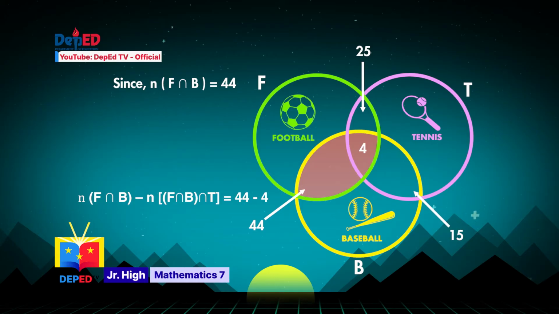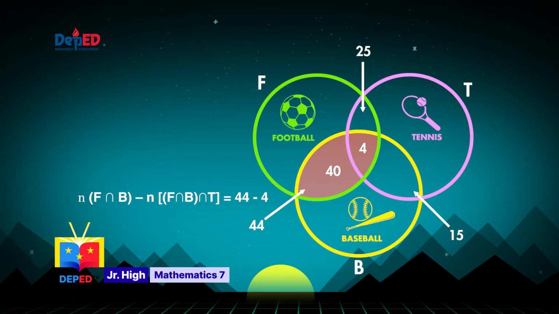This means that with ease, we can already get the number of elements in the subset where each pair of sets intersect minus the intersection of F, B, and T. Therefore, our Venn diagram will have the following cardinal numbers for the specified subregions of the circles. For the intersection of circles F and B minus the intersection of F, B, and T, the result is 40.